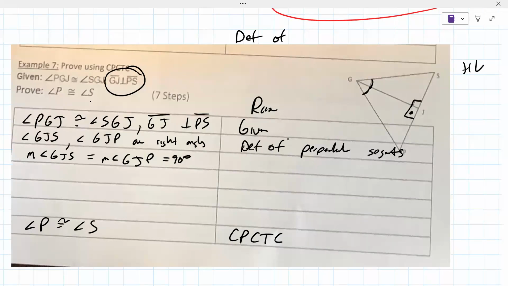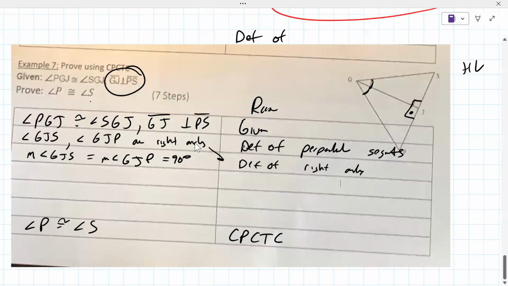Why are right angles 90 degrees? Because it's a straight angle or adds up to 180. We don't know that yet. Definition of, what are we calling them? Right angles.